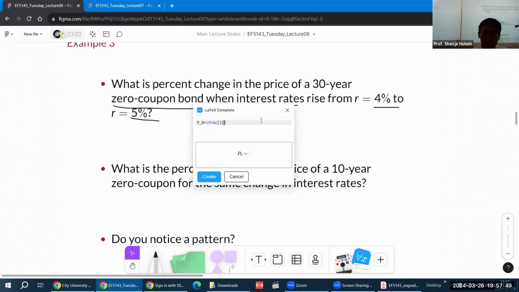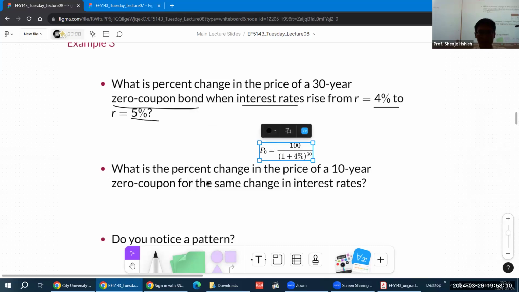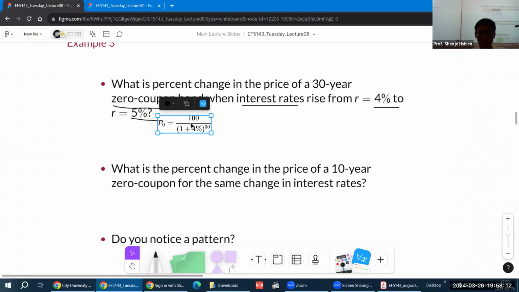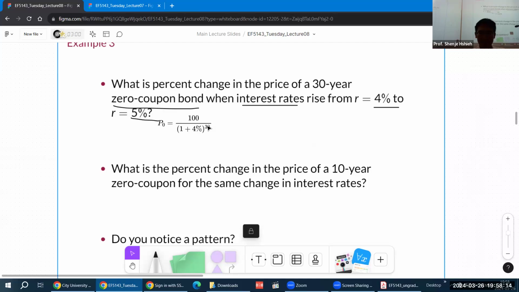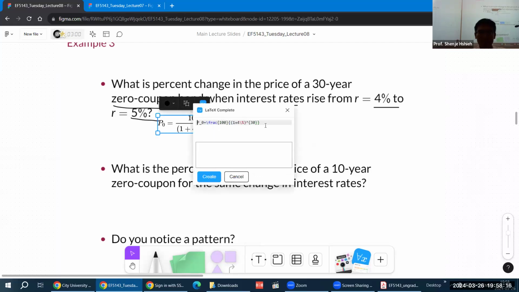Okay. All right, 100 divided by 1 plus 4% to the 30th power. We're assuming we're compounding annually, okay? Cool. So that's, well, I'm not done yet. Sorry.